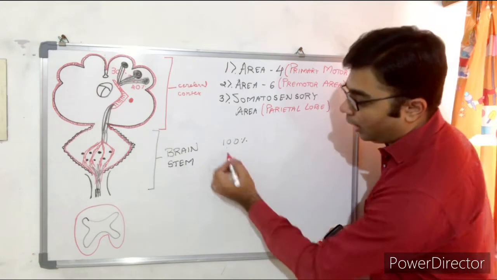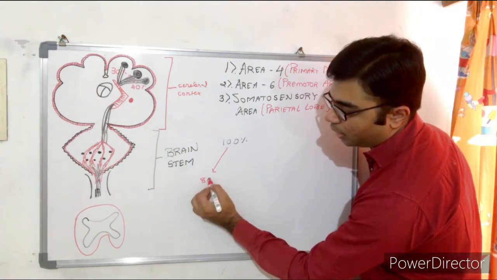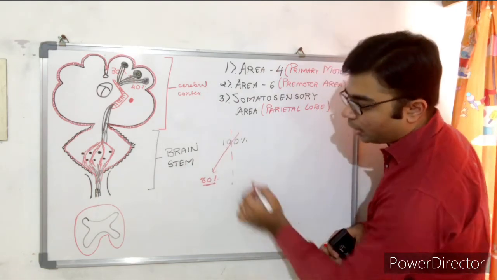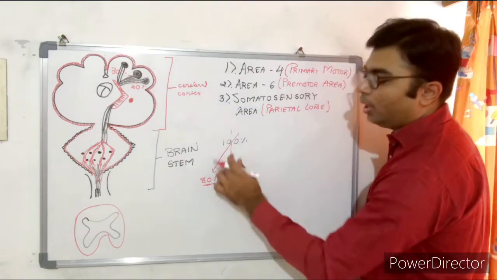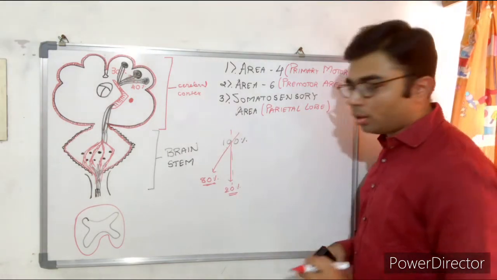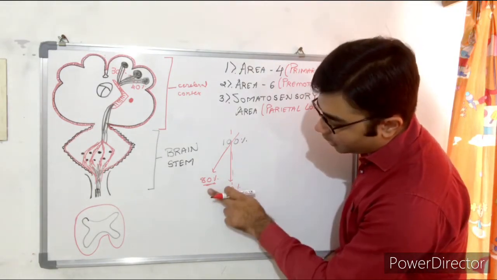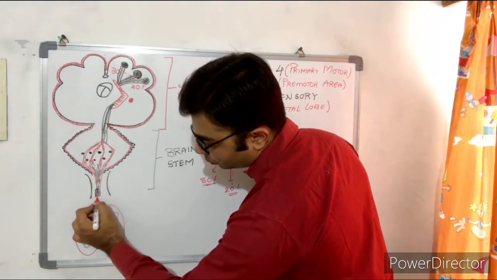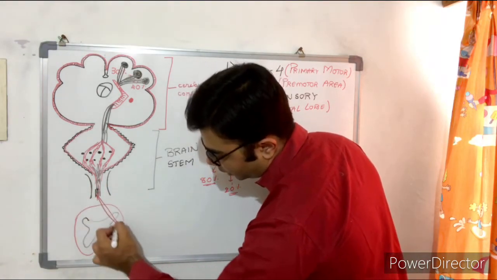80% of the fibers are crossing the midline, and the remaining 20% of the fibers remain on the same side, meaning they do not cross the midline. The other 80% are crossing to the opposite side.